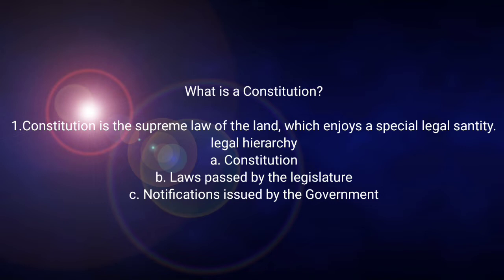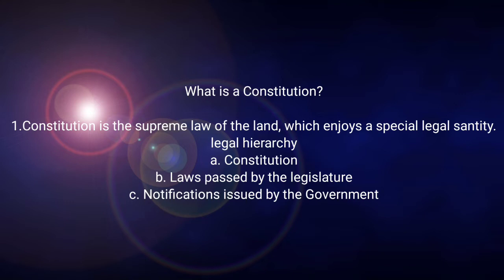But on the other hand, the laws made by the parliament or the notifications issued by the government cannot override, or we can say cannot go against the constitution. That thing we will call a special legal sanctity. Simply it means constitution has the power to go against the laws as well as go against the notifications issued by the government.